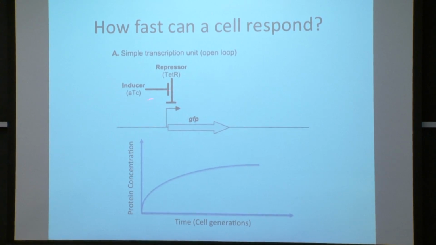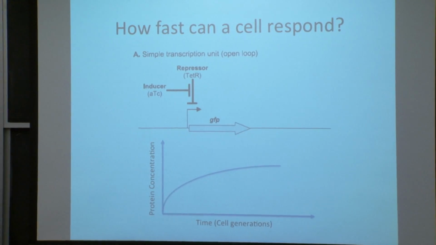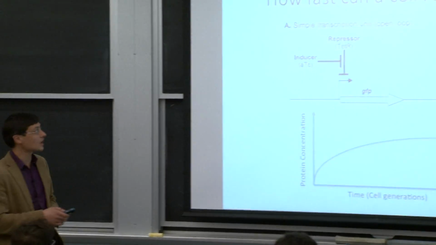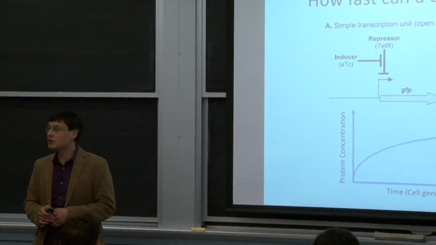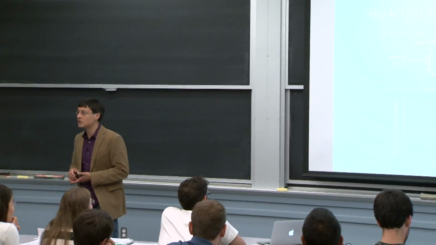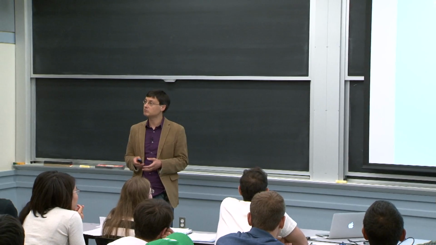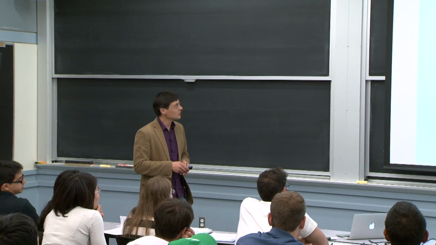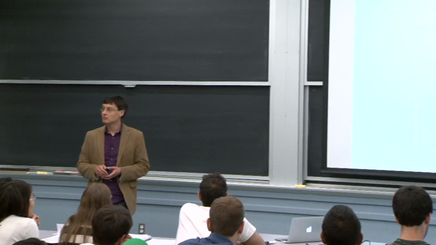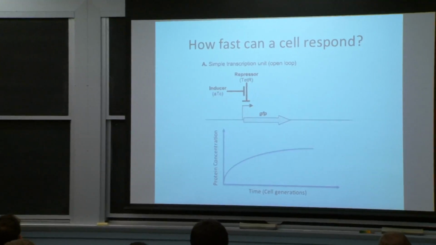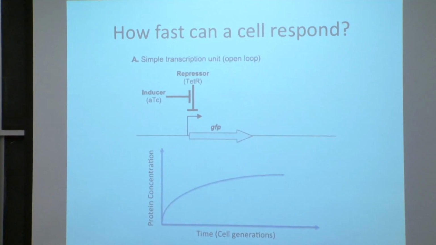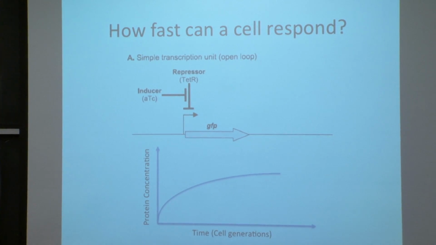But then you add something so that you cause that repressor to fall off and stop repressing that gene. Now the question is, how long does it take for the protein concentration to grow to some equilibrium? It starts out at 0. Eventually, it's going to reach some steady state. So what is it that sets this time scale? What's the characteristic time that it takes for the cell to respond to this signal? What we're going to find is that there's a very general sense in which that characteristic time scale is really the cell generation time.